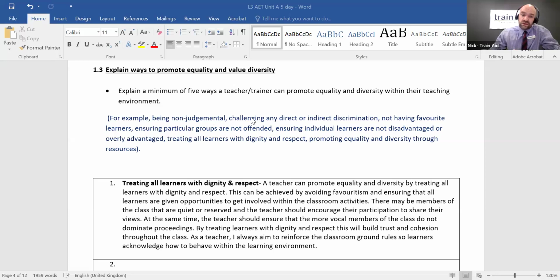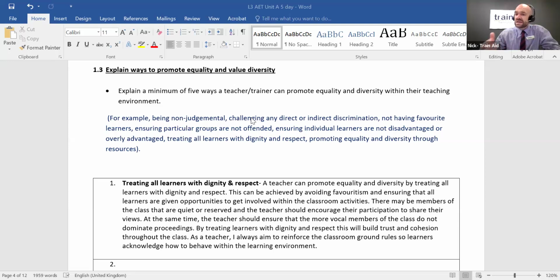The next key way to promote equality and diversity is to challenge any direct or indirect discrimination. If you hear any negative comments, any negative viewpoints from perhaps learners within the classroom, or even staff members for that matter, you have to challenge people.